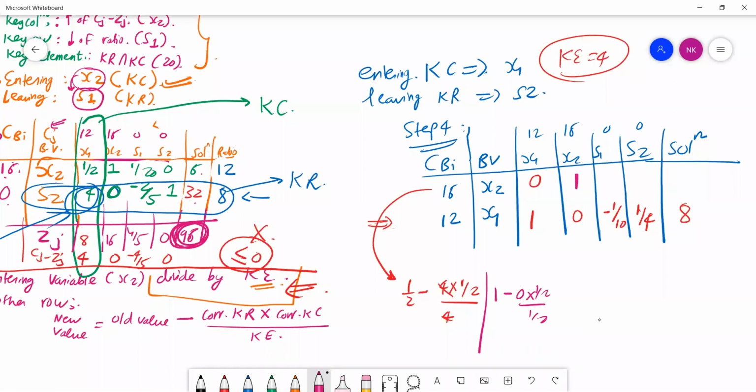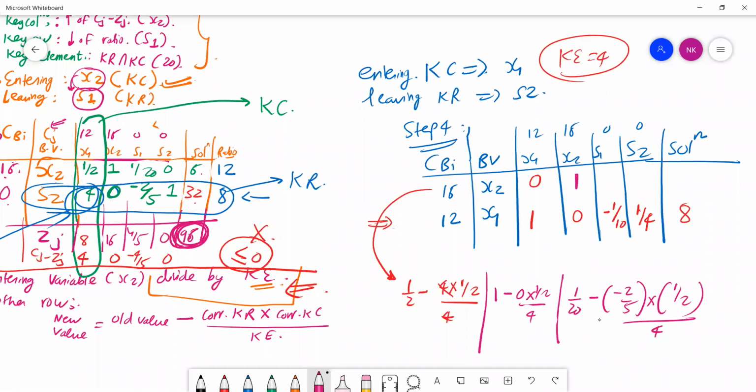Now S1. The previous value was 1 by 20, minus corresponding to the key row, it's minus 2 by 5, corresponding to key column, it's 1 by 2, divided by key element. Sorry, key element is 4. Over here also it will be 4.